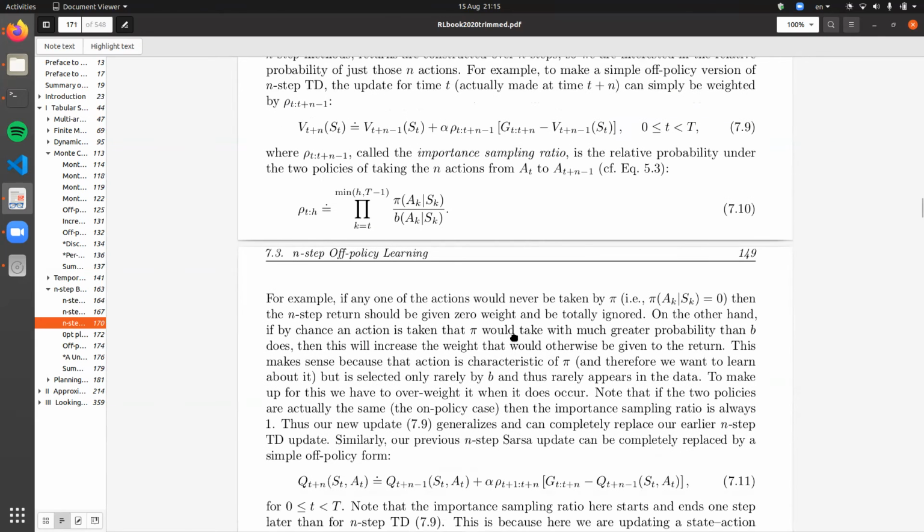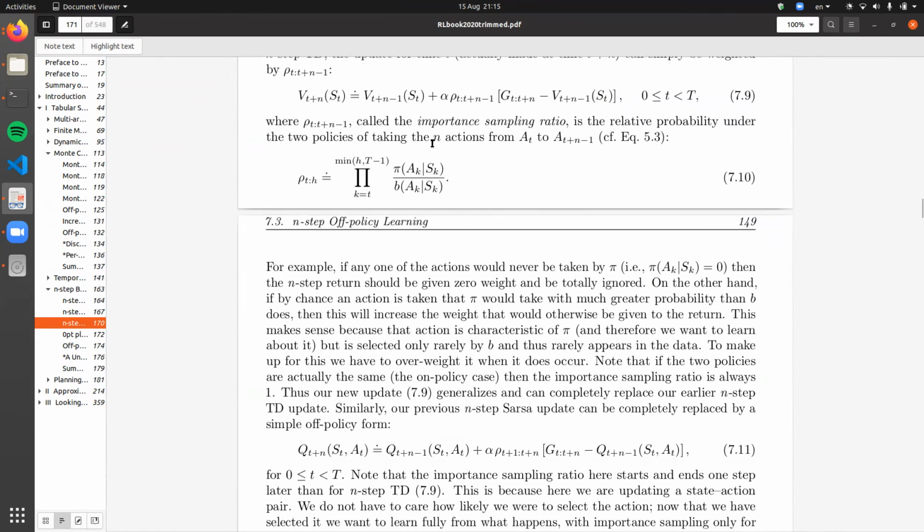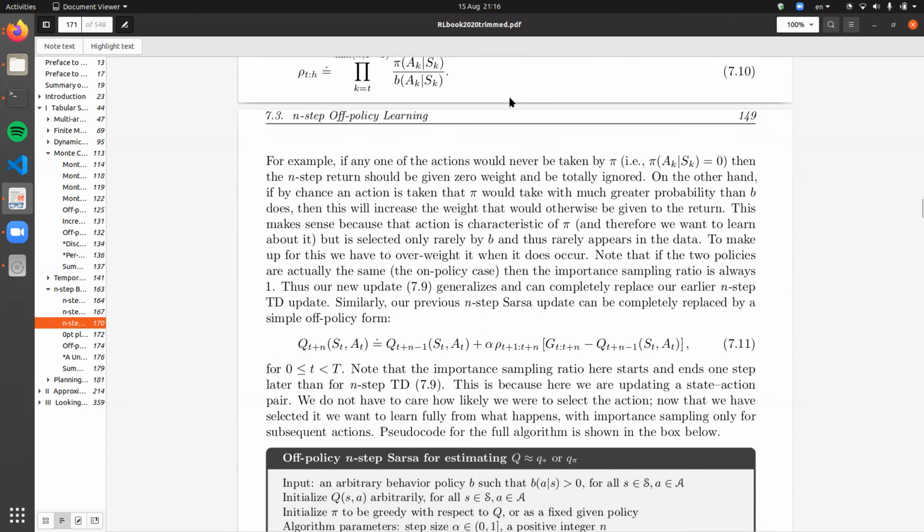And as you can suspect, this will increase the variance of the update, because in many cases we will have a 0 here. Every time we take a non-greedy action, we will zero out the update, right?